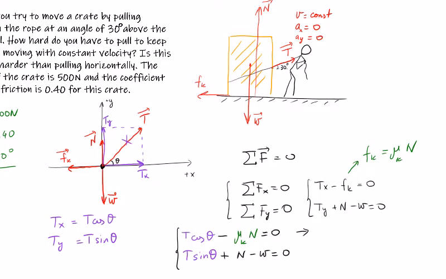The normal force will be equal to T cosine theta over mu k, and plug it into the second equation right here. We'll end up getting T sine theta plus T cosine theta over mu k minus weight equals 0.